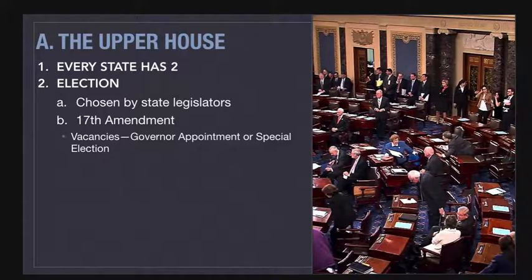They do not represent specific regions like we saw with the House of Representatives. So that means for the entire state of Indiana or Illinois or Ohio or wherever you may be, they are going to represent the entire group of people together.